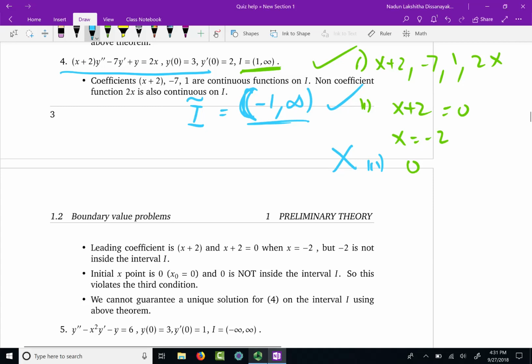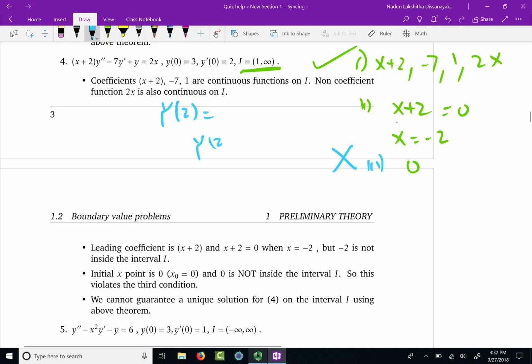So you can change your interval to get that guarantee. Or you can even change your initial condition. Let's take our initial condition to be y of 2 equal to something and y prime of 2 equal to something. Now 2 is inside this interval. That's another way also.